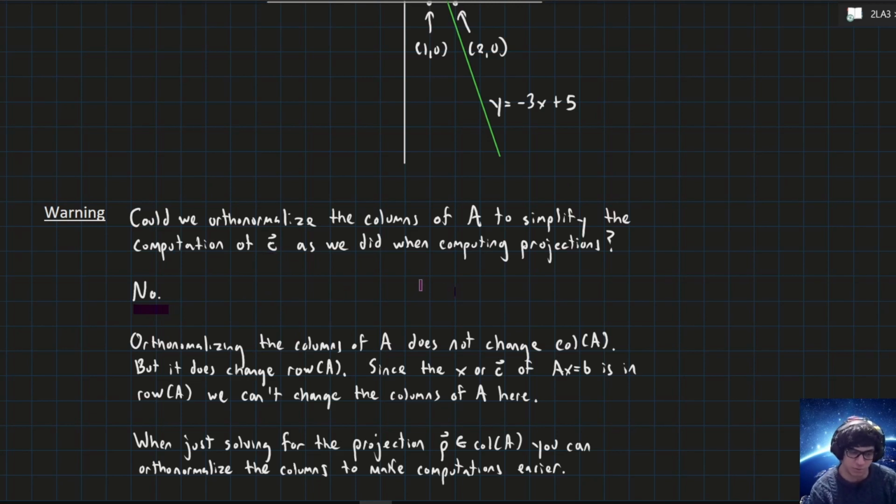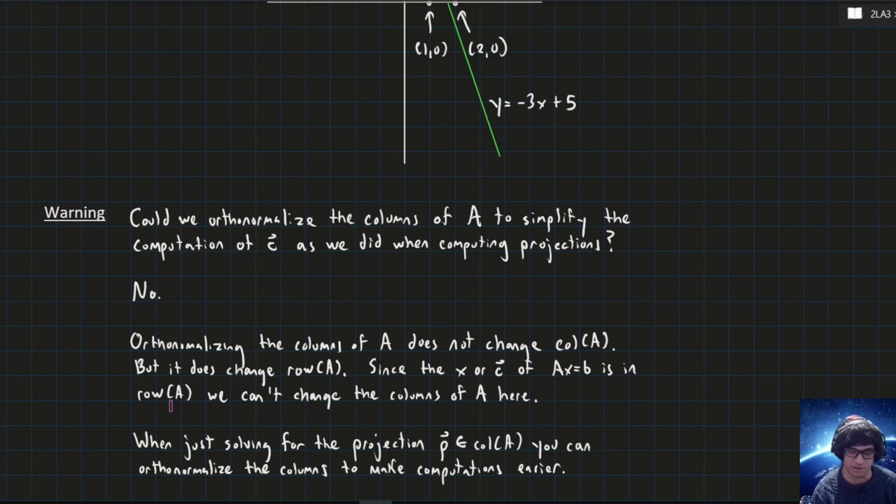The reason why is when we orthonormalize the columns of A, that doesn't change the column space. The column space stays the same when we do that. It does change the row space, however. And when we're focused on solving for c, that's in Rn, and so it's in the row space, but if we change the columns of A, then the row space is ruined.